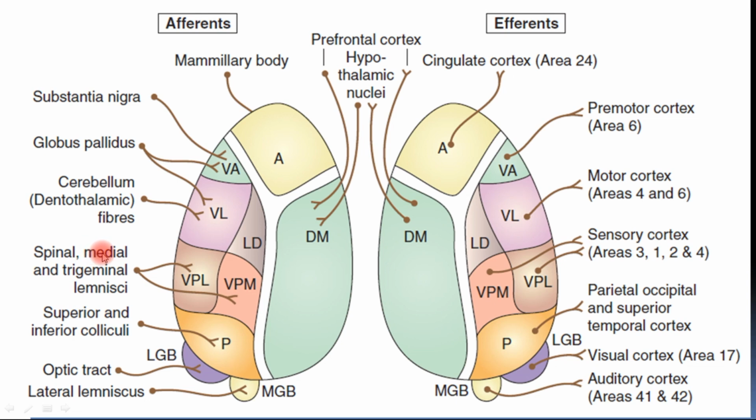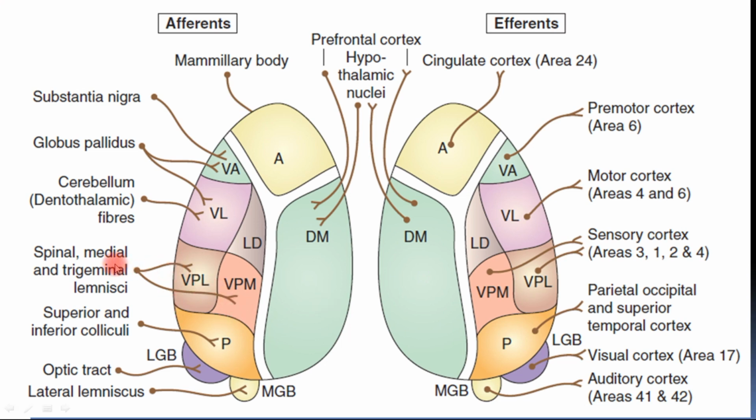From the medial and trigeminal lemnisci they are receiving the sensation from the body in the medial lemniscus and from the face in the trigeminal lemniscus. They are receiving the sensation of fine touch, vibration, proprioception and other sensations which are carried by those tracts.